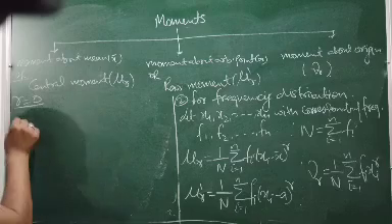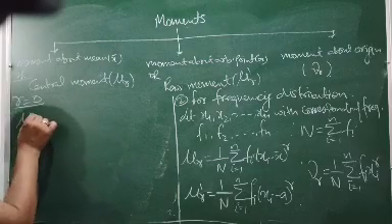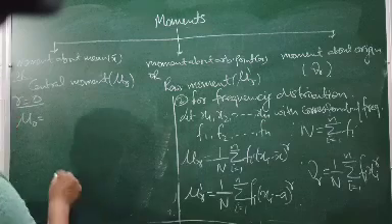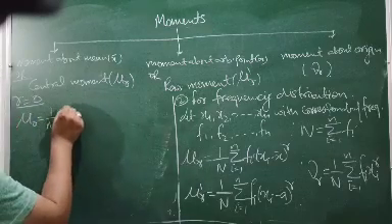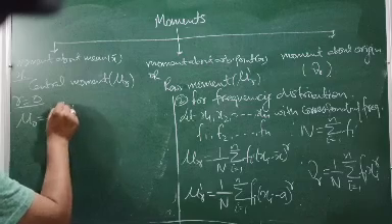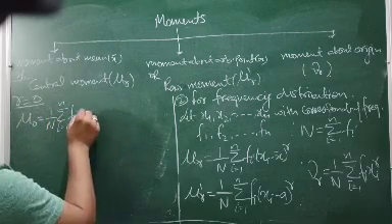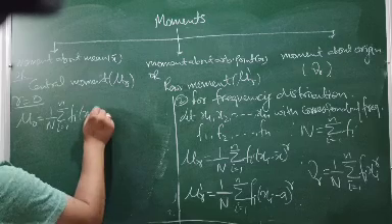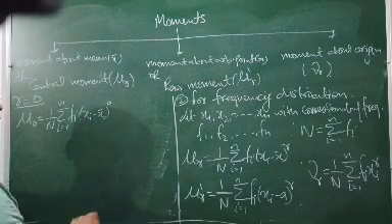If r is equal to 0, we calculate mu 0. Mu 0 means 1 upon capital N summation fi, i varies from 1 to n, into (xi minus x bar) to the power 0.